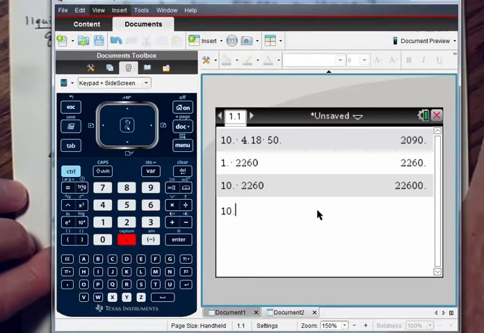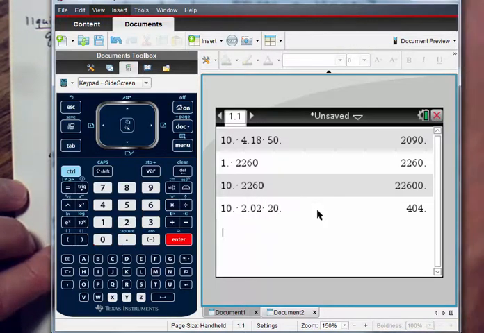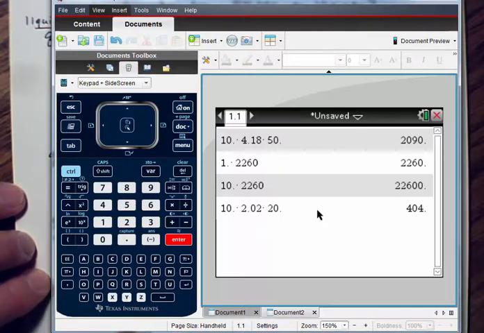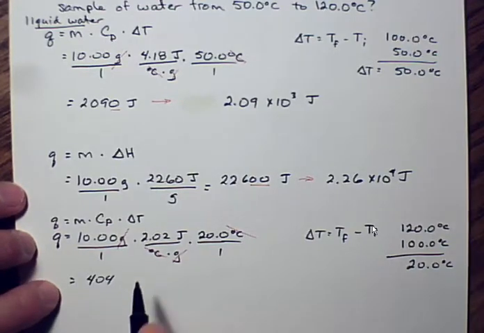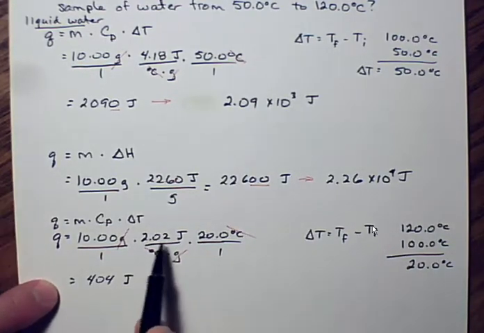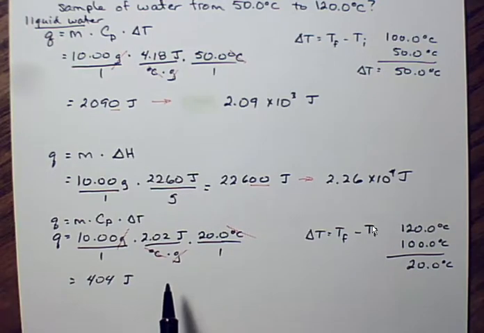So we've got 10.00 times 2.02 times 20.0. So that's 404 joules. And we need 3 significant digits, so we don't have to do any rounding here.